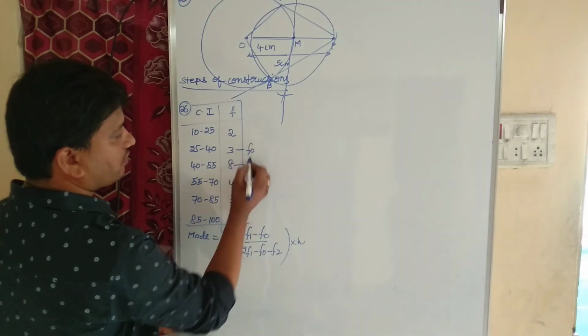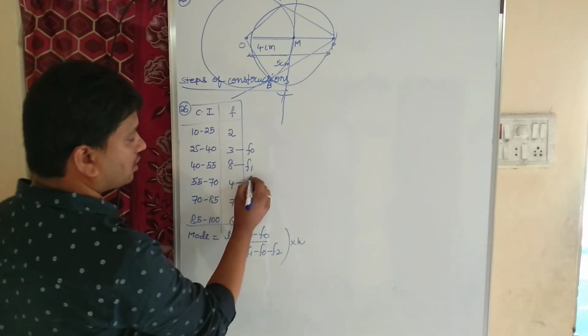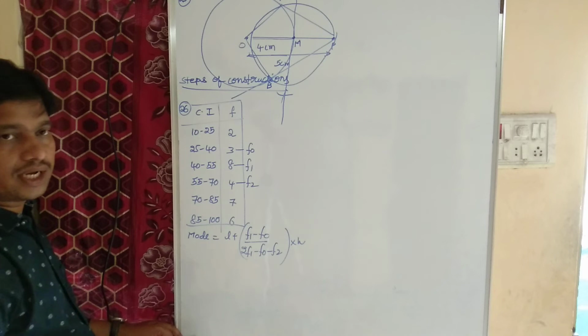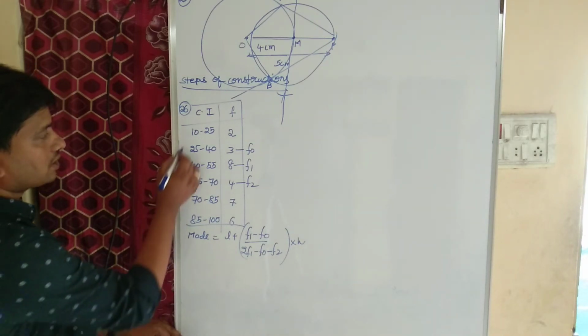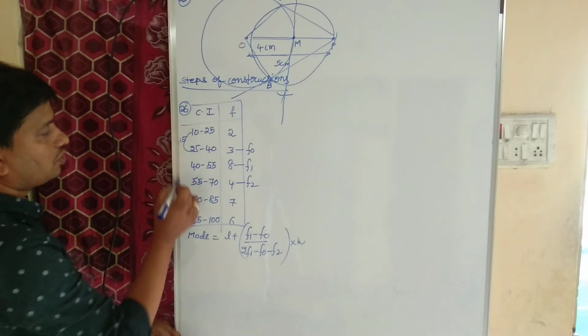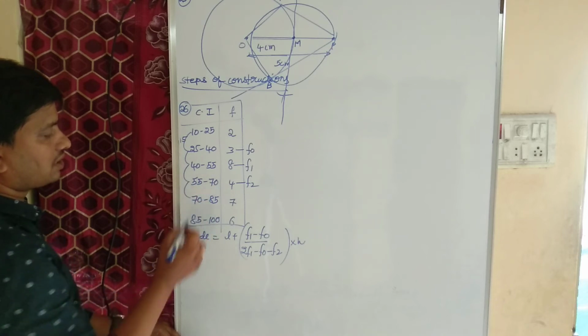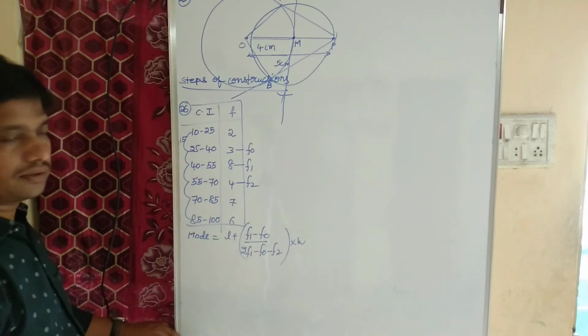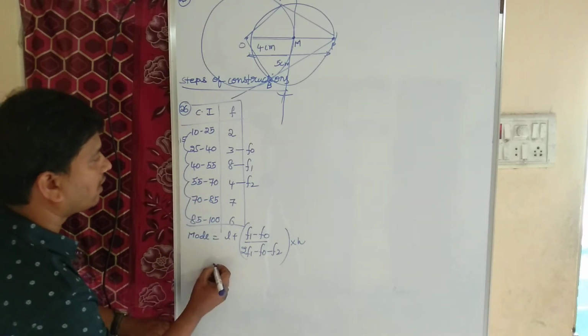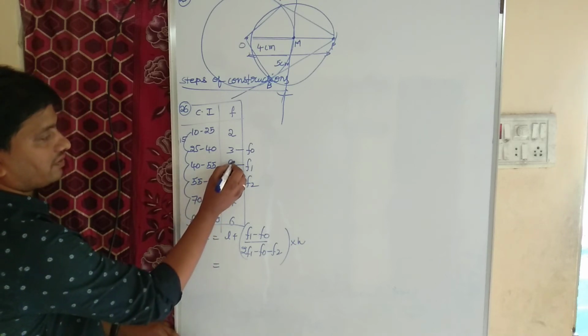F0 is the frequency of the class preceding the modal class. F2 is the frequency of the class succeeding the modal class. H is the difference between two successive class intervals, that implies 15.